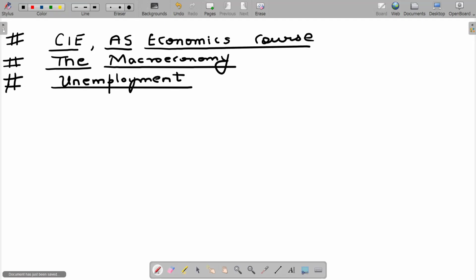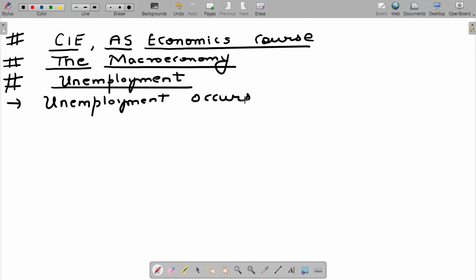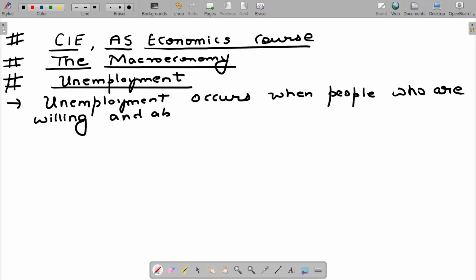Okay, so first of all, let us see when does unemployment occur. So our students can write: unemployment occurs when people who are willing and able to work cannot find a job.